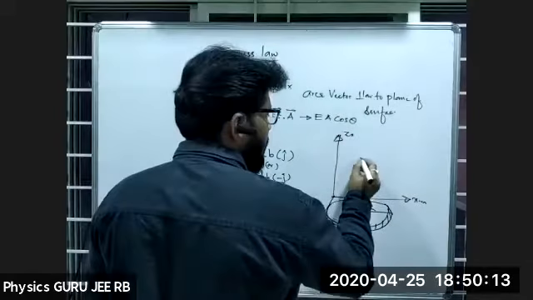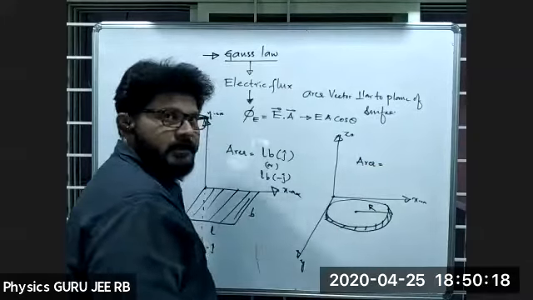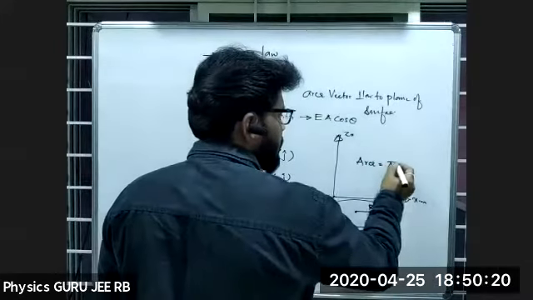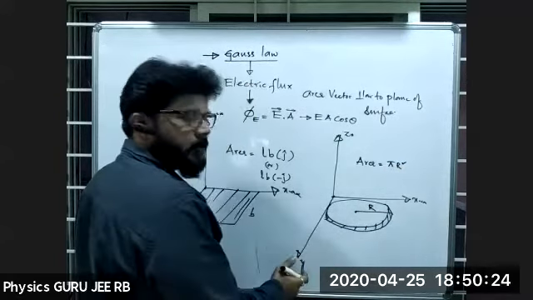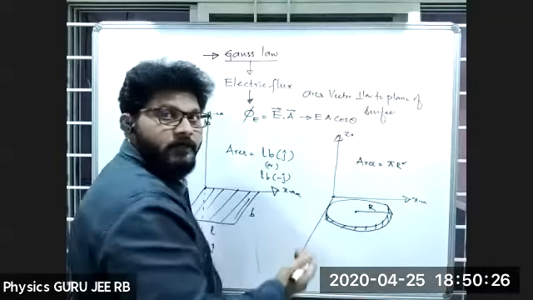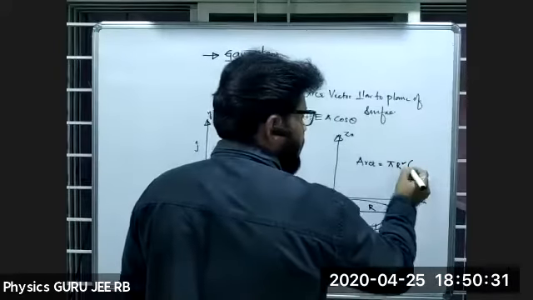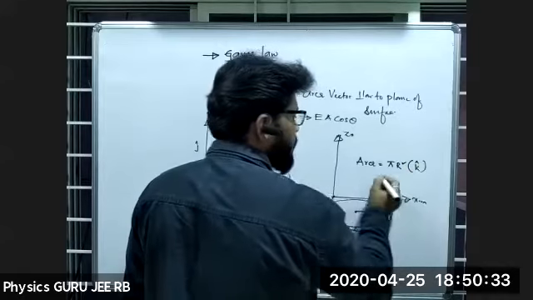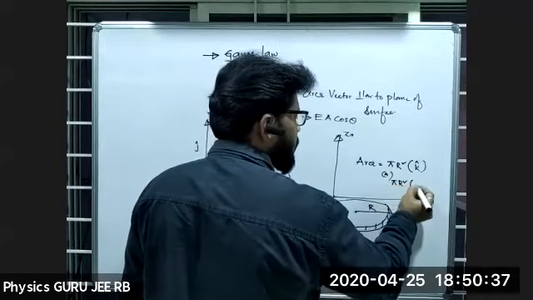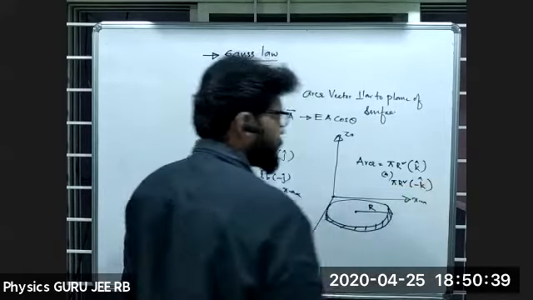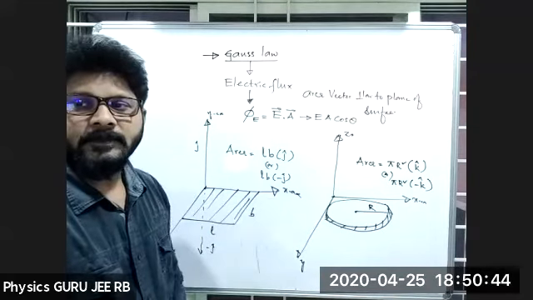So the area for this plate is pi r square. Simply you can remember, this is in the X, Y plane, so the normal is along Z. So it will be K cap or minus K cap, that is, pi r square into K cap or pi r square into minus K cap. That's all. So this will be the answer. Is it clear?